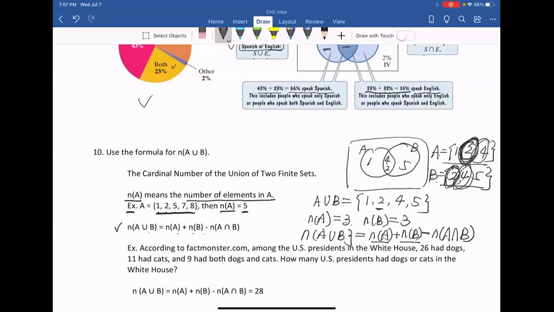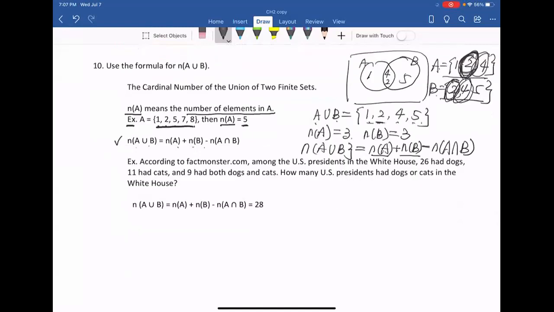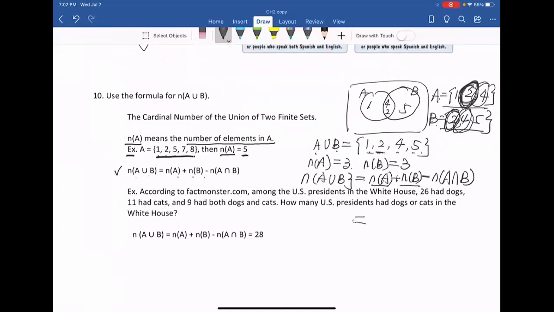Okay, let's see. A union B is 1, 2, 4, 5. It's right, I didn't make a mistake, I think. What's in common is 2 and 4.